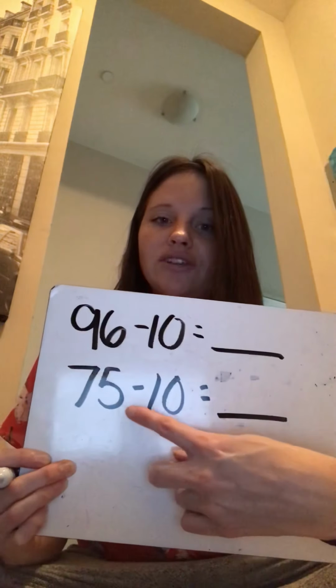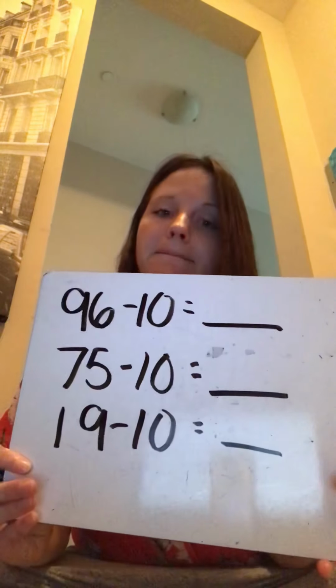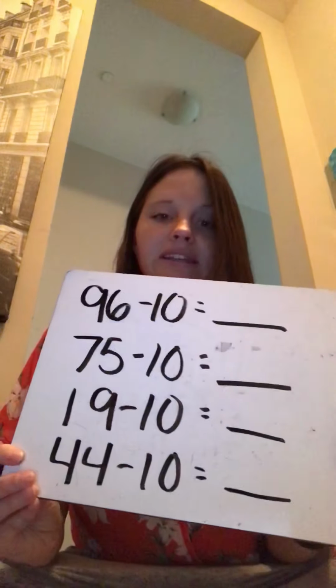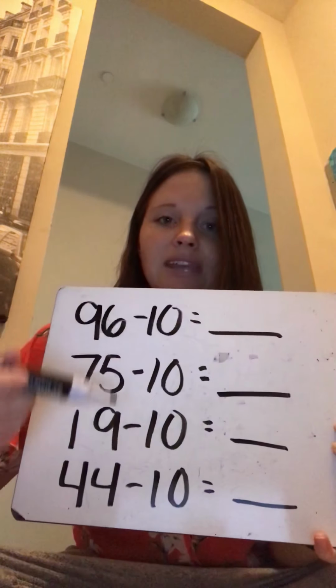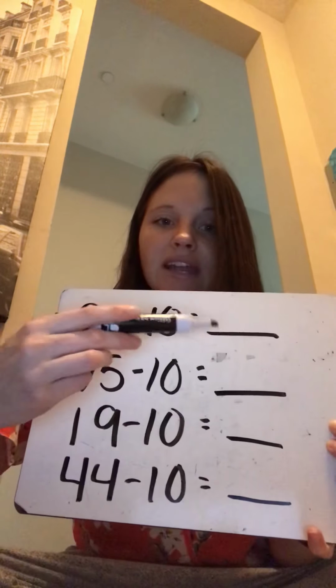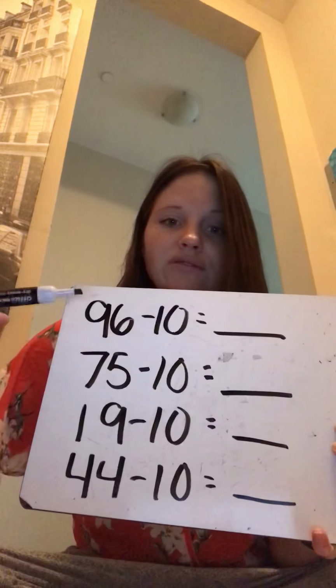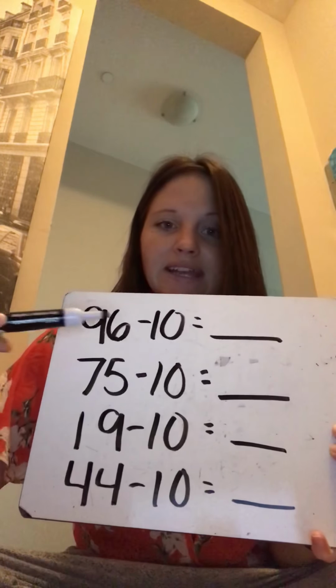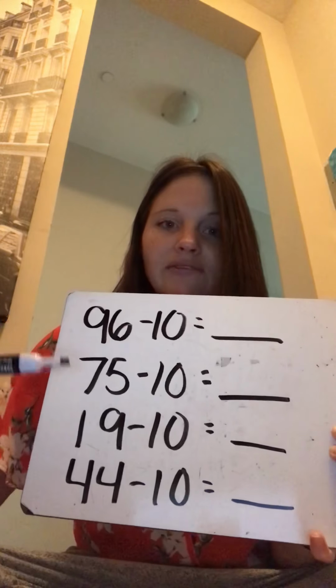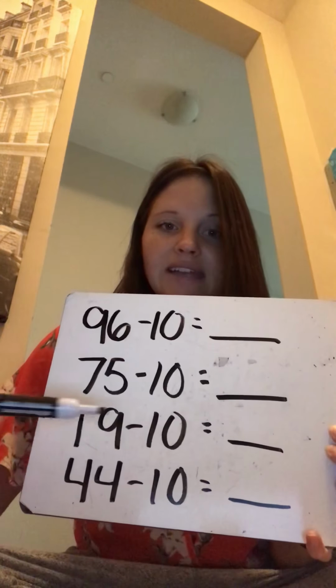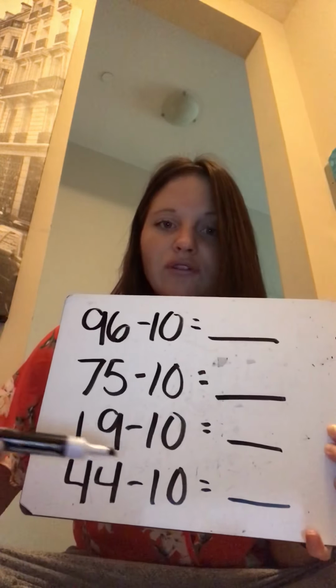Notice our minus, so you're taking away. Then we have 19 minus 10. And your last one I want you to try is 44 minus 10. So remember, again, you're taking away. So your answer should be smaller than where you started. So again, 96 minus 10, 75 minus 10, 19 minus 10, and 44 minus 10.